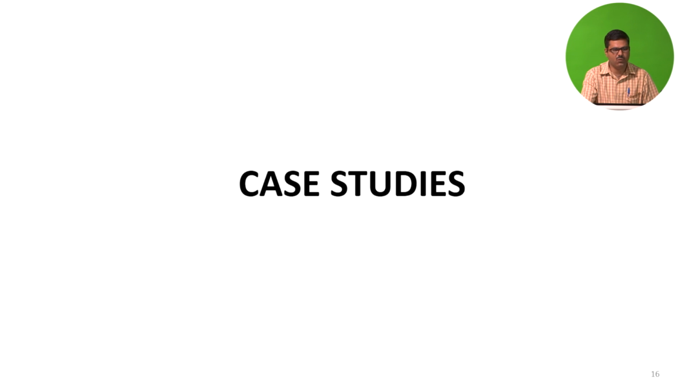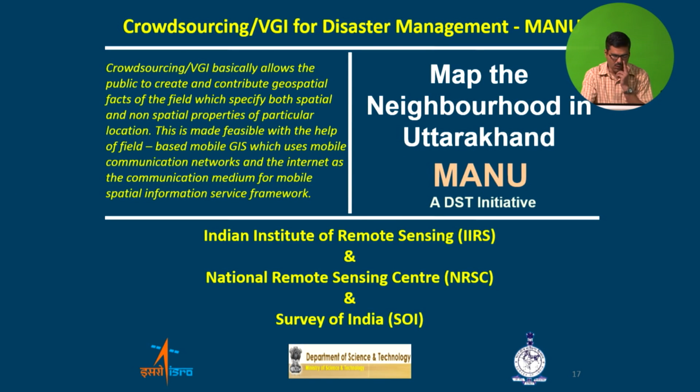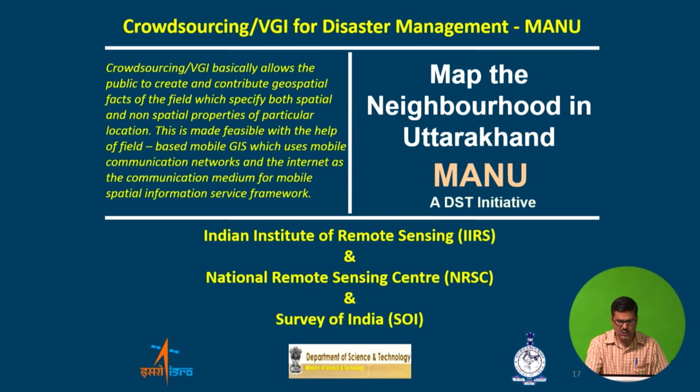Now let's see some of the case studies that have been done as part of the ISRO organization. One of the applications done using the crowdsourcing approach is called Map the Neighborhood in Uttarakhand, or MANU for short. It was a DST based initiative where IIRS, NRSC and Survey of India participated using the crowdsourcing approach.